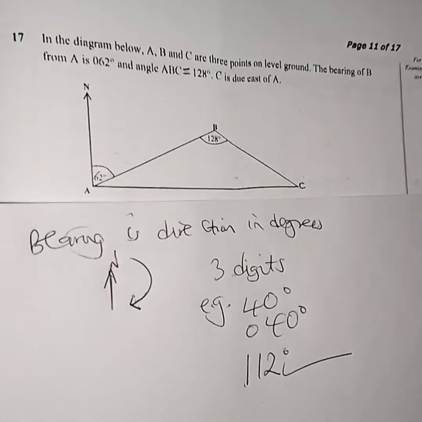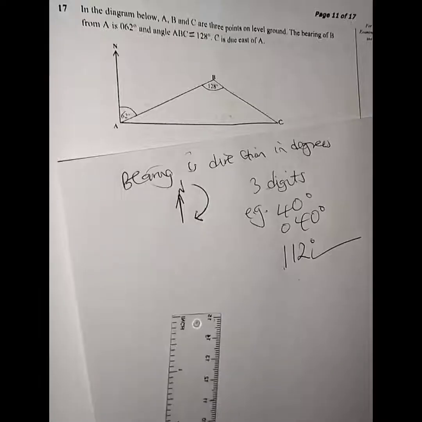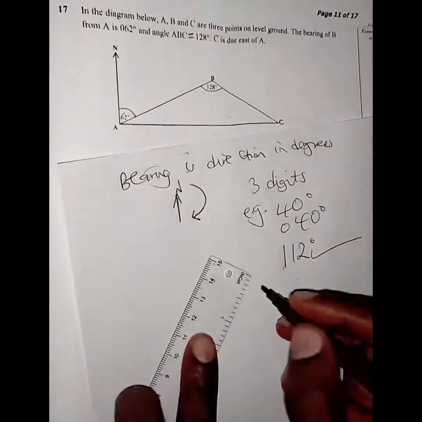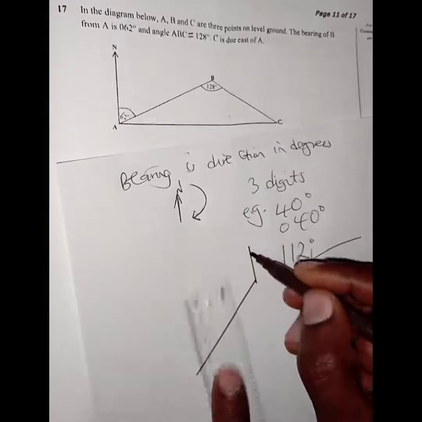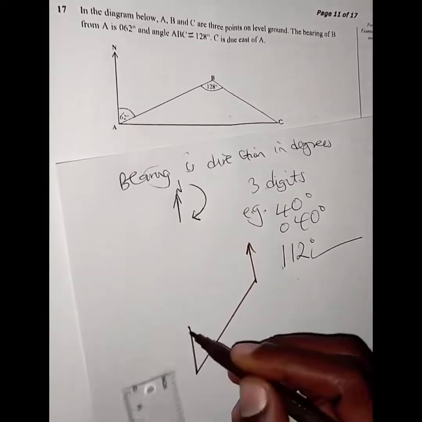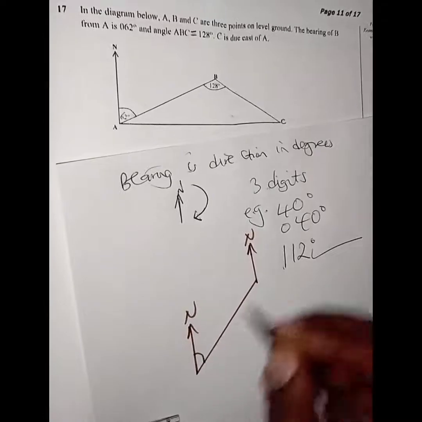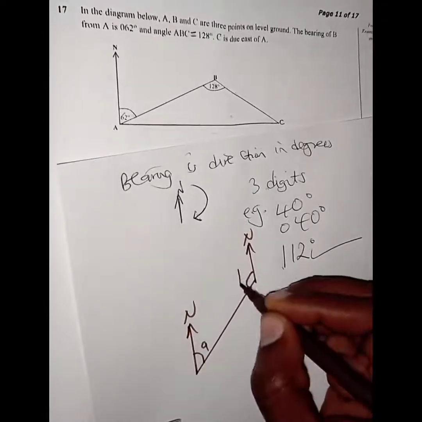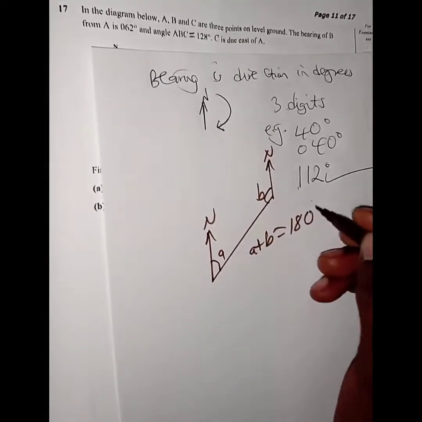Now, there are some properties that you have to know. If you have this line, see, these are like parallel lines, north, north. This angle and this angle, let's assume angle A and B. If you add A plus B, you should get 180 degrees.